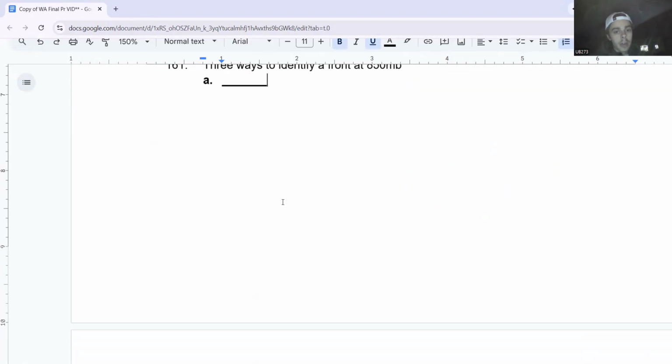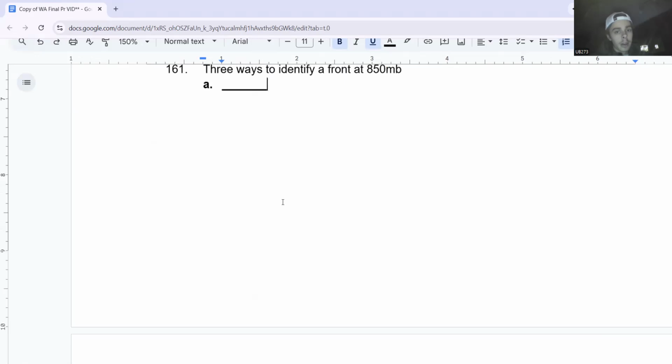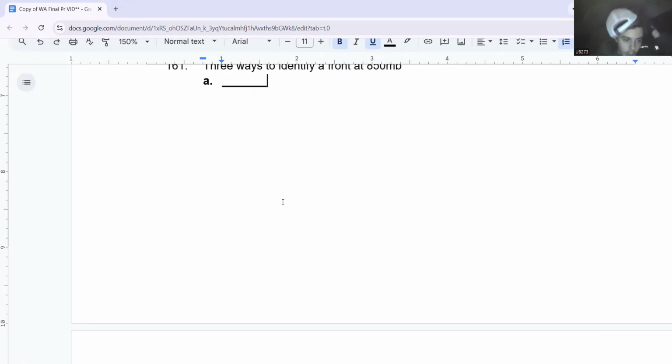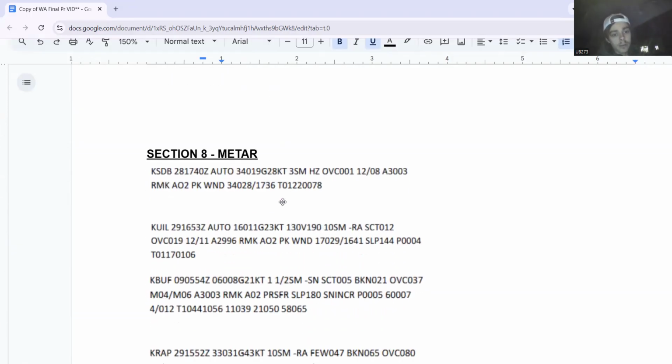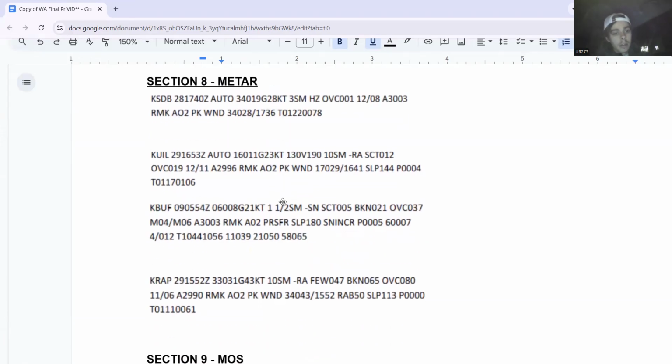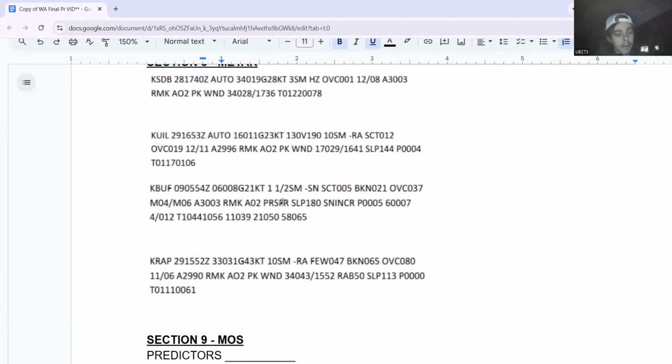What are the three ways to identify a front at the 850 millibar level? Well, you know there's a front if you see a wind direction change, a temperature change, or a moisture change. All right, now we're getting on to the good data stuff. METAR, you've got to read METAR.